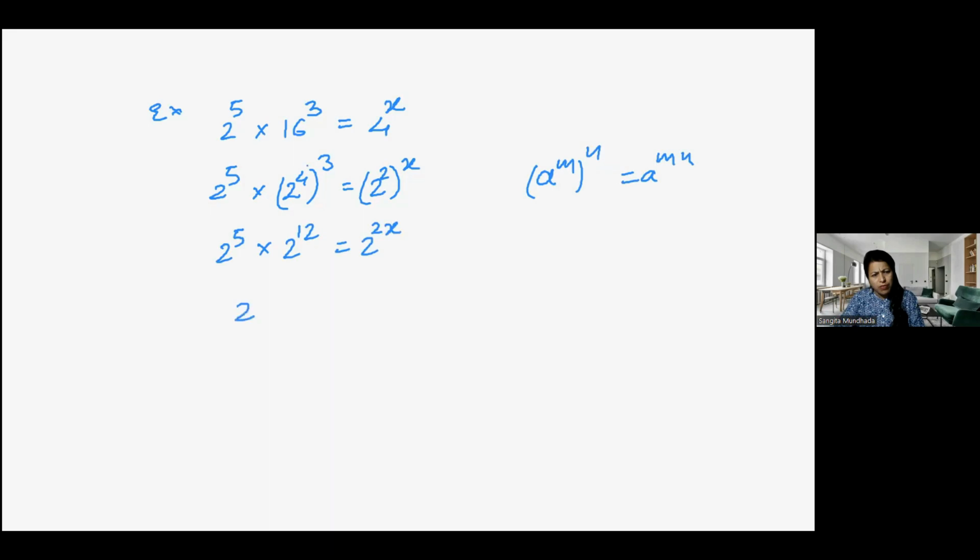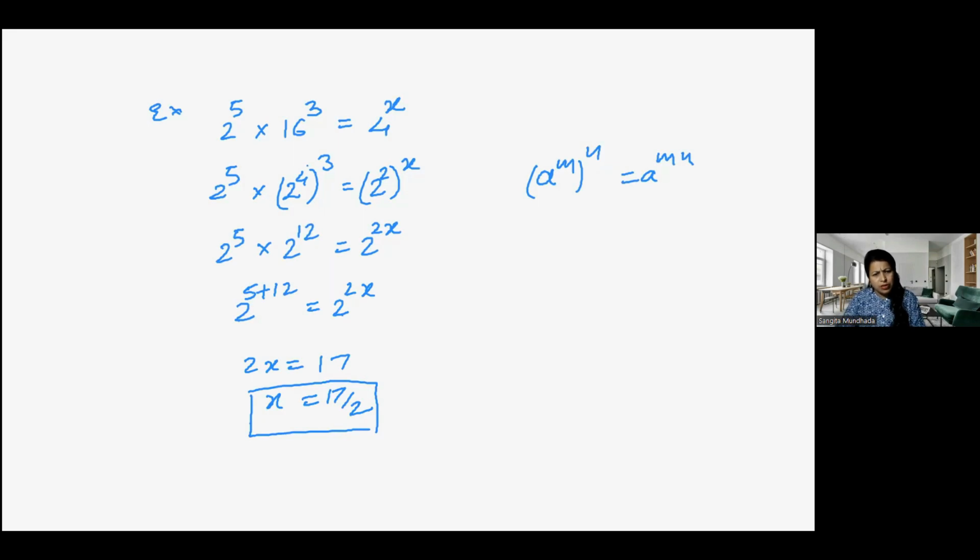So 2 raised to power 5 plus 12 is equal to 2 raised to power 2x. Again base is same. So I can write 2x is equal to 17, x equal to 17 by 2. So the value of x is 17 by 2.